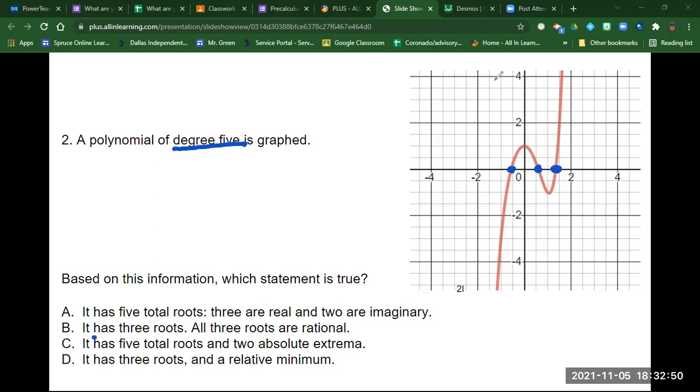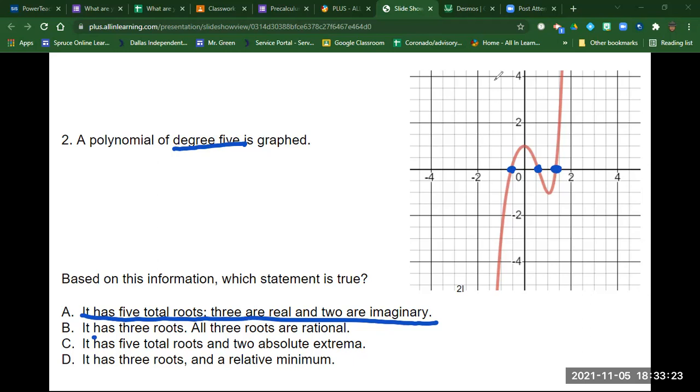So I am missing 2 intercepts, and when that happens, that means you have 2 imaginary roots. So there are 5 total roots, 3 of them are real, and 2 are imaginary. The only reason you can say that is because it's degree 5. So the rest of this does not apply.